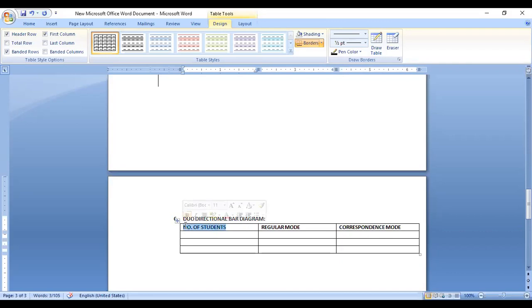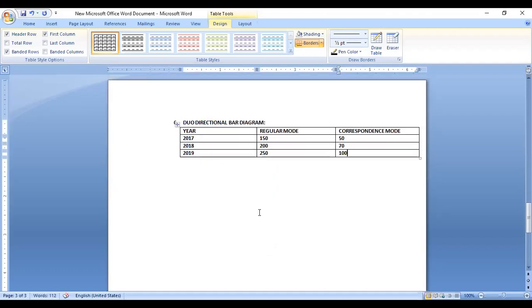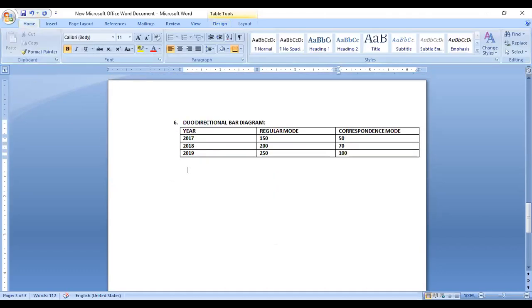You take it as the year in which they are admitted: 2017, 2018, 2019. And regular mode, let us take for example, 150, 200, 250. And correspondence mode, let us take for example 50, 70, and 100. This is the data that has been given. Then what is the solution?